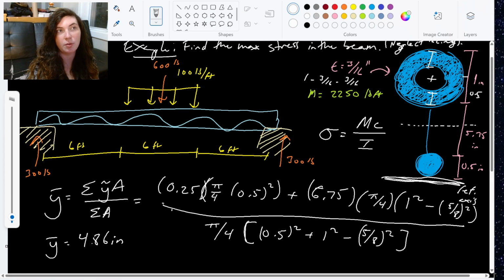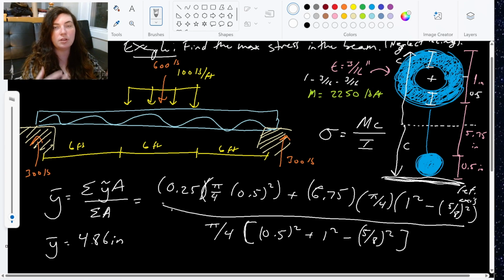Now I just have to figure out my C value. So it can be in either direction, right? My C value can be either from the centroid to the bottom edge. This could be my C, or it could be to the top edge. All of the cases we've seen so far have been symmetrical, so we haven't had to pick a C value, but we want to go to the farthest axis out, right? Farthest away point from the centroid.